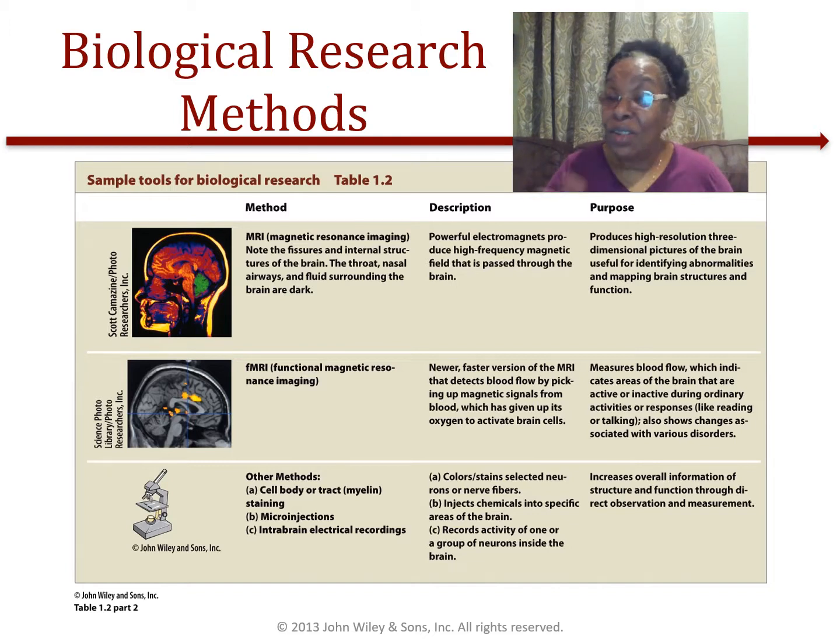All right, now you heard me mention MRIs, which is one of the more expensive. And when I say expensive, it can run up to at least $10,000 per imaging session. This one looks at more of the fissures as well as internal structures. Early on, it was like a big giant cigar tube in which the patient would be placed.